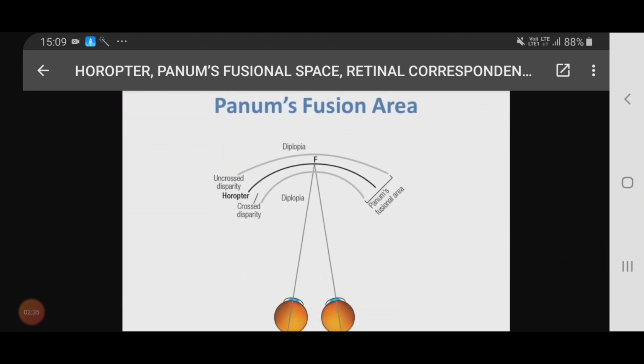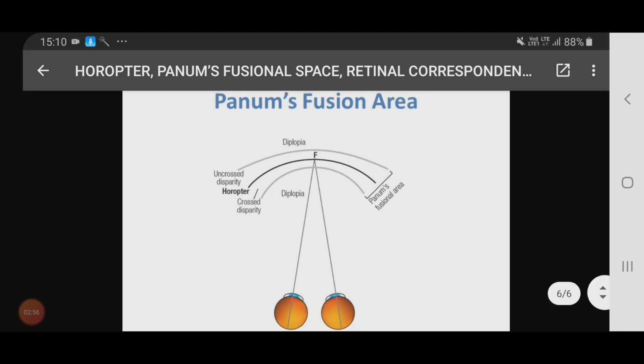Panum's space is nothing but an area just in front of the horopter and also just behind the horopter, where if any object is situated, we can see it as single. The black line you can see is our horopter, and Panum's space is the gray line in front and the gray line behind the horopter.